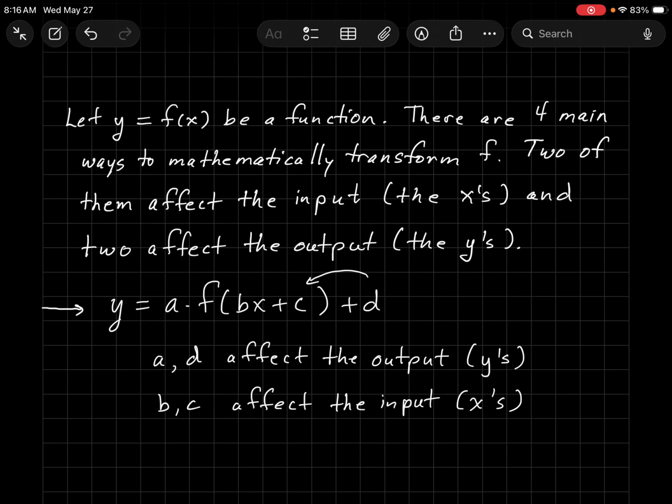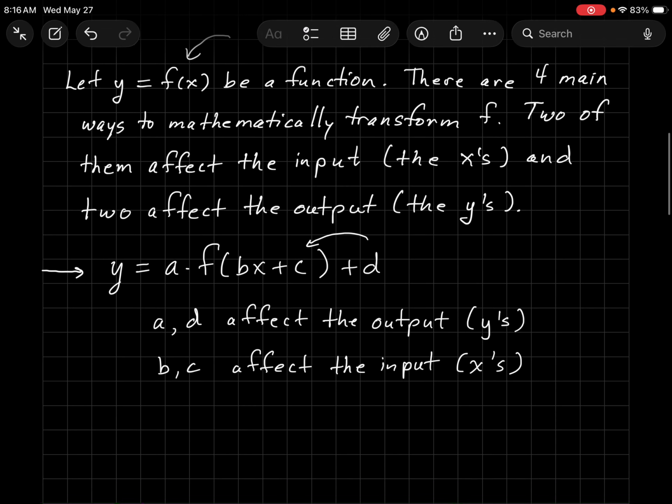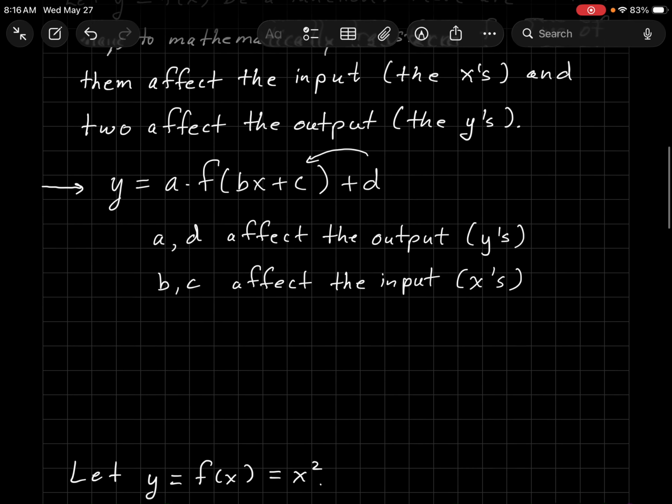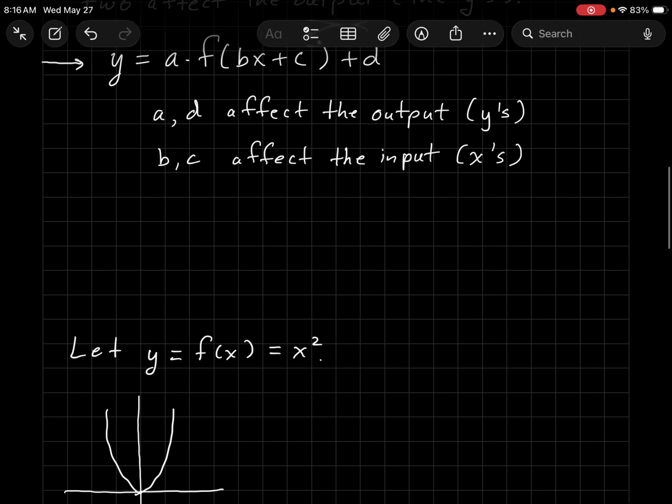But notice, in our original function, we have y equals f of x, right? So the x, whatever is inside the parentheses, is the input. Whatever's outside is the output. We also talked about how if you understand how one function moves or is transformed, you understand all functions.